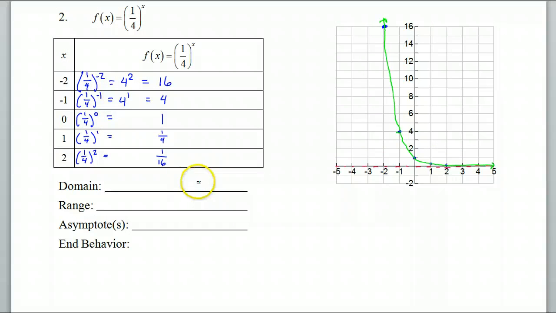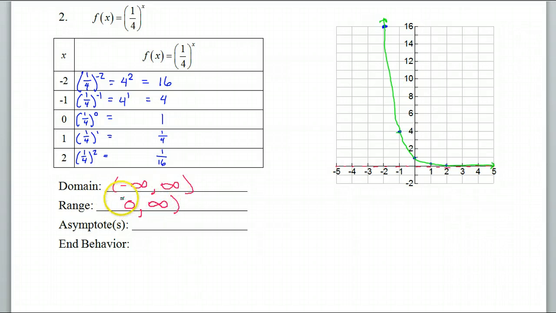For these exponential functions, the domain is always going to be negative infinity to positive infinity, because they will always go left forever and right forever. Now the range, once again, is going to involve the asymptote, bottom to top. So the bottom is the asymptote, which is 0. So 0 to infinity.